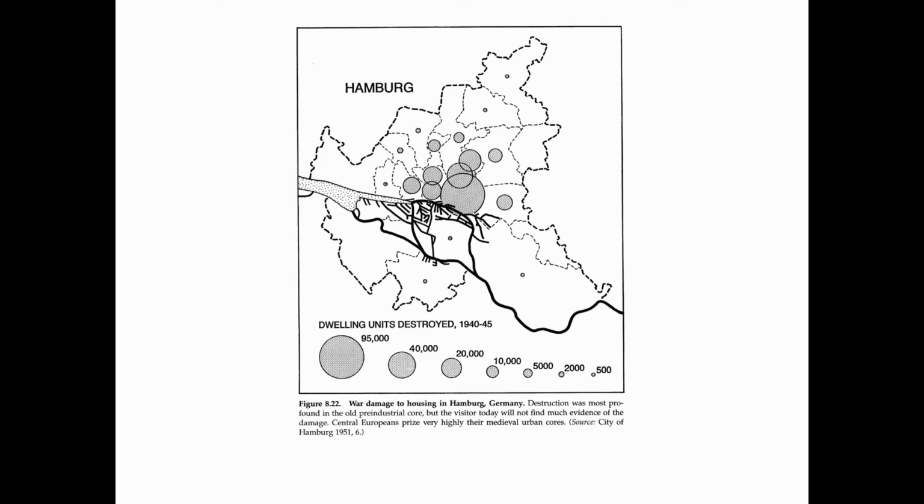A very similar thing is something that you'll see in Gdansk. In Gdansk, the old city center, the pre-industrial core of Gdansk, has been almost completely rebuilt. So everything that we see there that looks old actually probably isn't, because much of it was rebuilt.